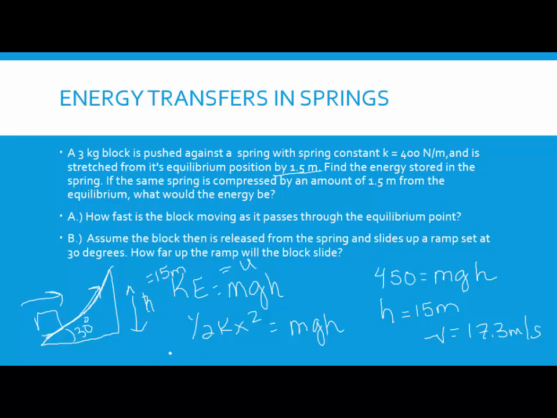And we would have to say that 15 is going to equal the hypotenuse, or the length of the ramp here, times sine 30. And we get the length of the ramp to be 30 meters. That's a pretty long ramp.